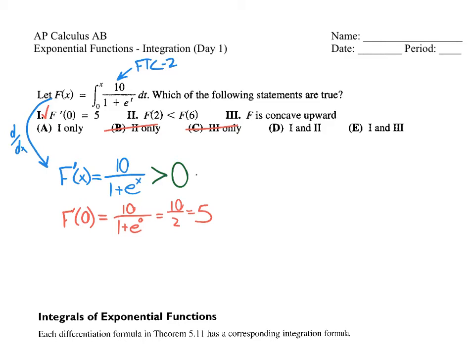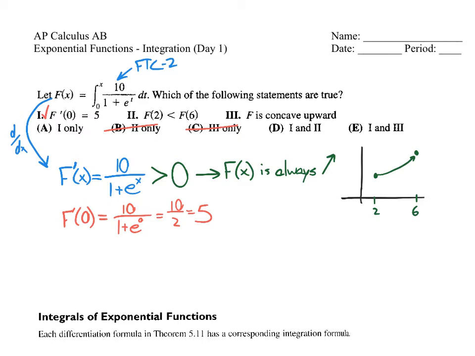Aha, that tells us that capital F of x is always increasing. So that means that if I have this function, wherever it is, at 2 and at 6, the point at 6 is going to be higher than the point at 2 because I had to increase to get up there.